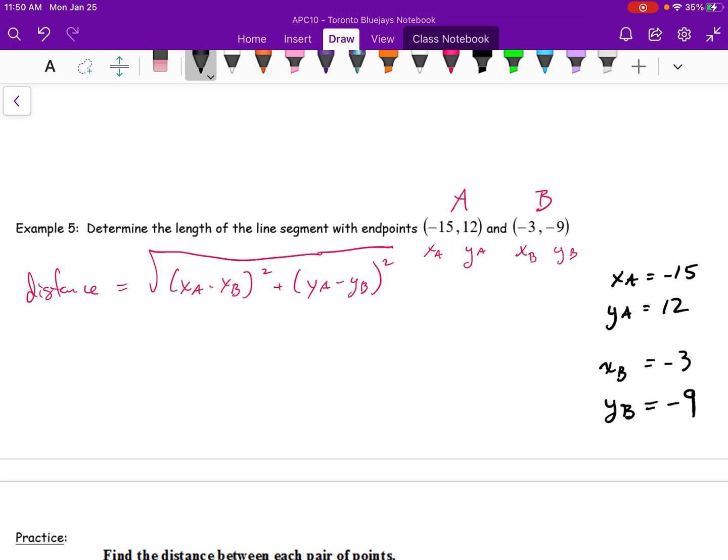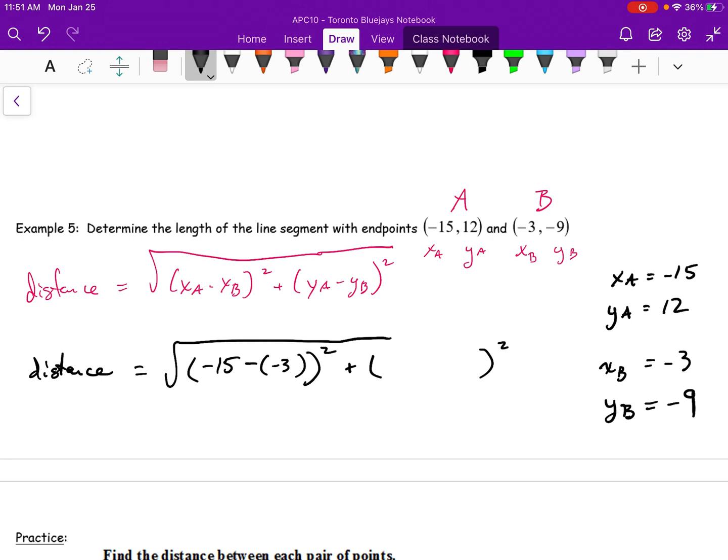So you notice I'm not even going to deal with the Cartesian plane. I have this beautiful formula that solves a lot of problems. It should match up with my Cartesian plane answer. So the distance is equal to, I'm just going to plug in my values: xa was -15 minus xb, -3, and I'm going to square that.